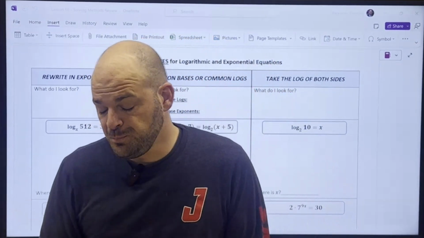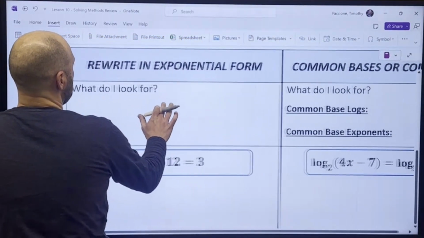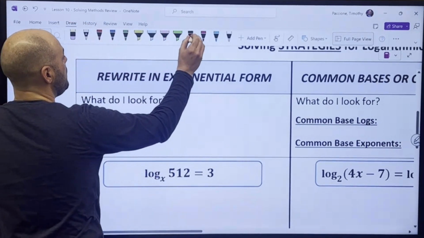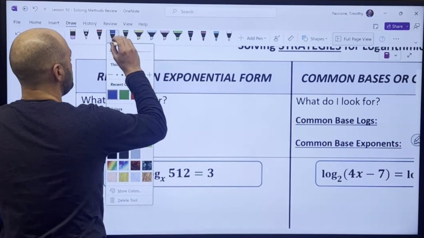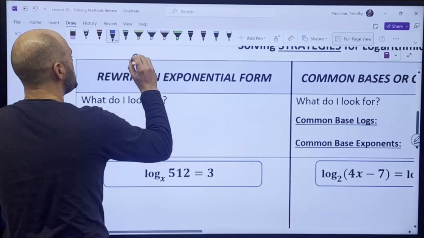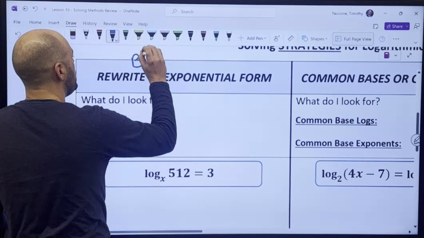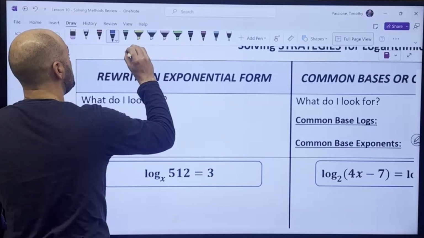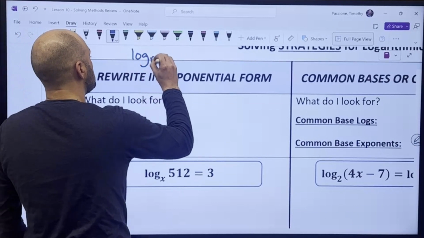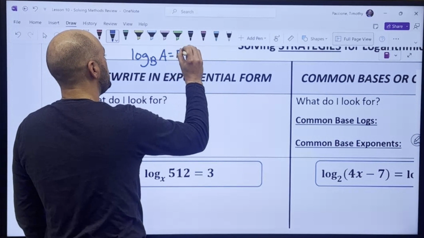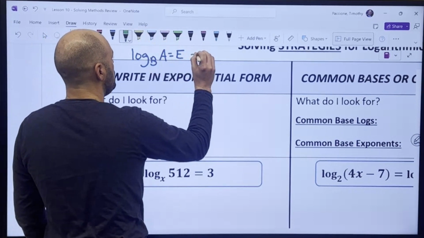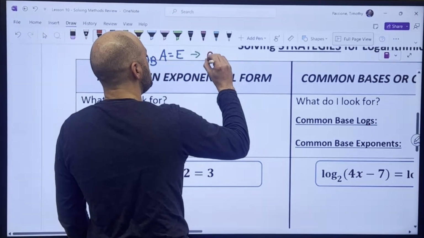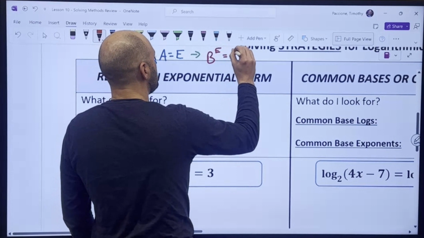So we're going to start with this one, which is rewrite in exponential form, right? Rewriting in exponential form is when we go from log base answer equals exponent, and we change it to base to the exponent equals answer, right?